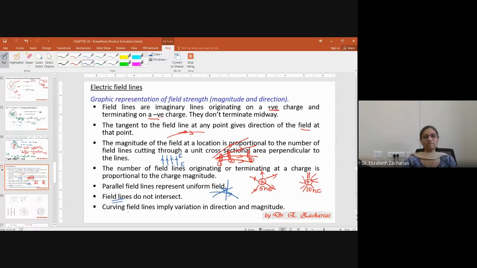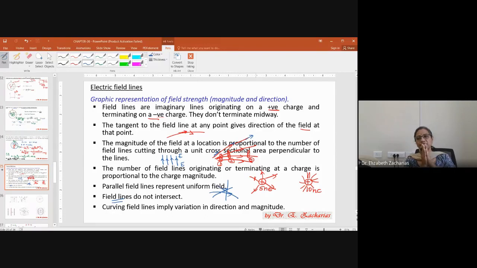Next thing. Curving field lines imply variation in direction and magnitude. Not difficult to understand. See here, these are curving field lines. If I draw a tangent here, here, and here, I know that the direction of the tangents is changing. And similarly, curving lines also means that the distance between the lines will be changing.